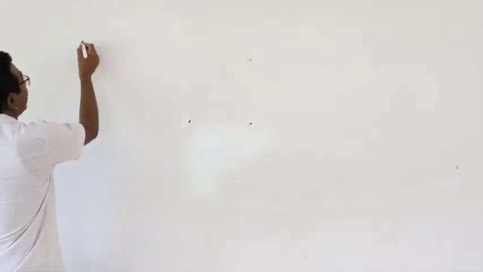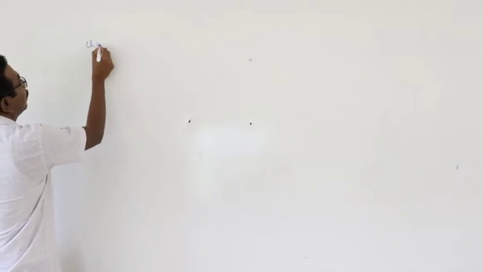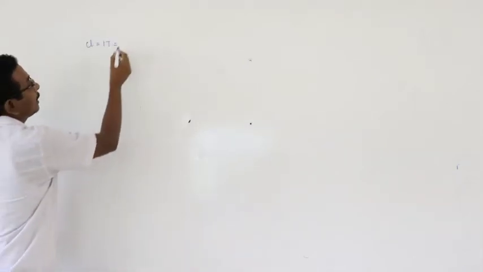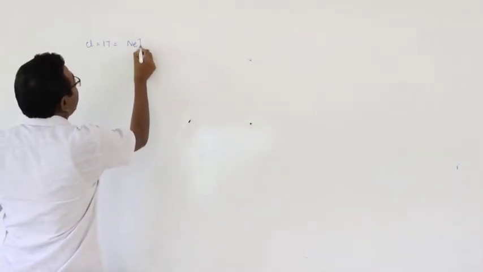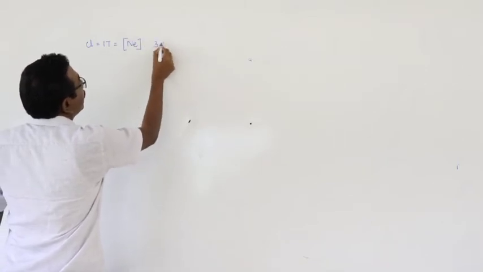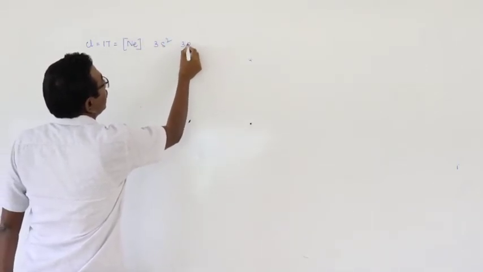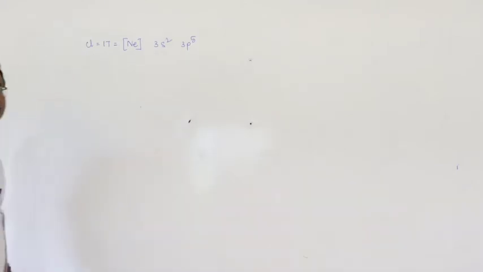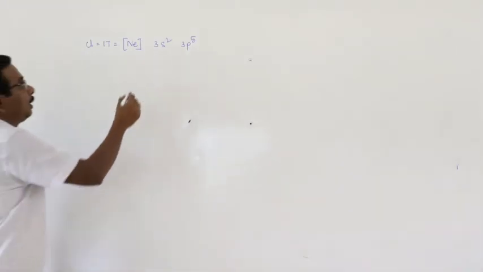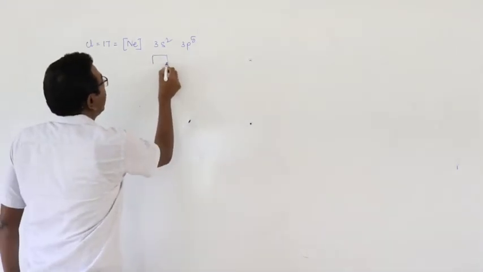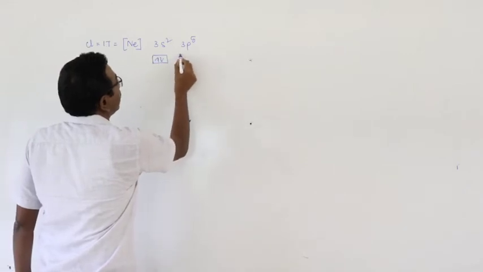Let us consider chlorine. Its electronic configuration is neon 3s2 3p5. Here the distribution of electrons is this one.